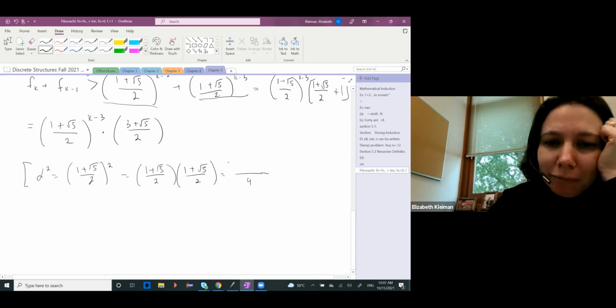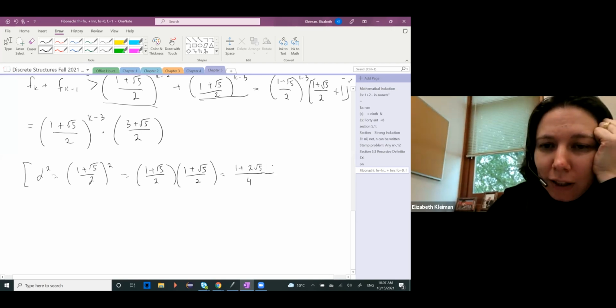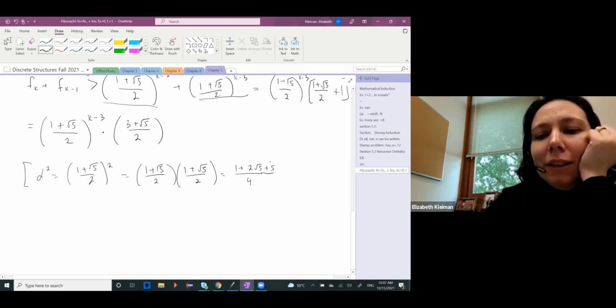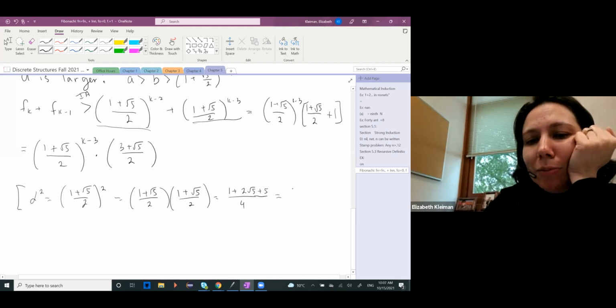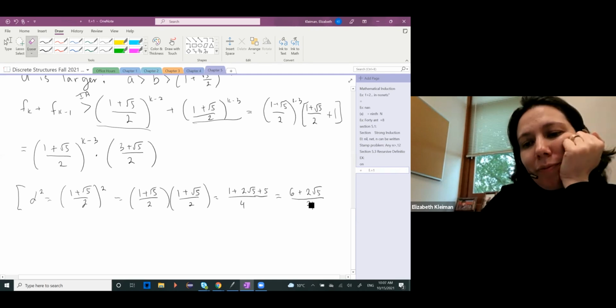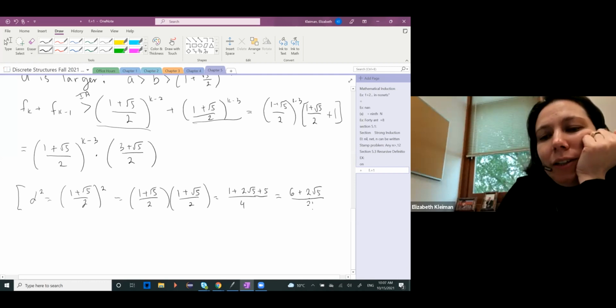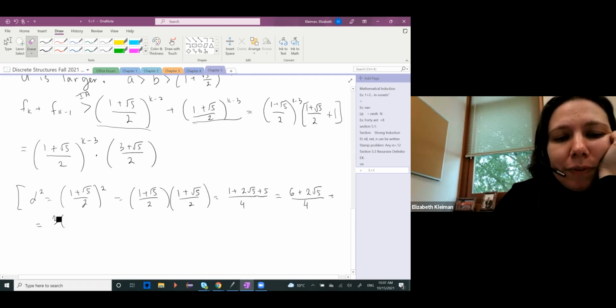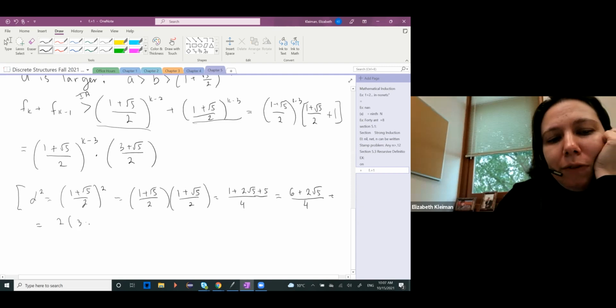So we have 4 here, and we are going to have 1 plus 2 square root of 5 plus 5. Agreed? I opened up parentheses. And now it's going to be 6 plus 2 square root of 5 over 4. Now, both 6 and 2 are divisible by 2. So we have 2 multiplied by (3 plus square root of 5) over 4.